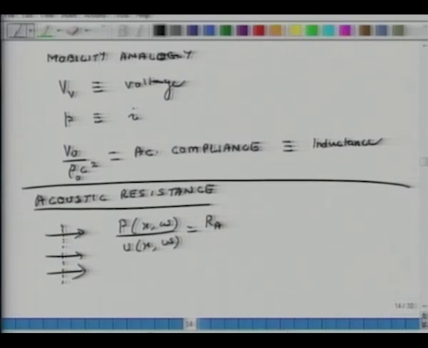And in mobility analogy, 1 over Ra is my acoustic resistance, and that is such that my voltage across this thing is Vv, and the current flowing through this is P. So, this is for mobility.